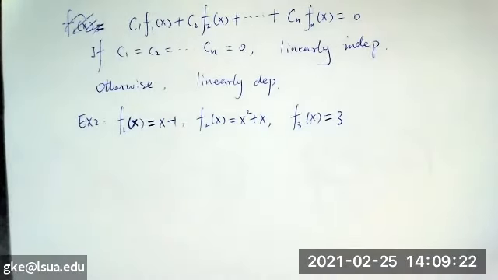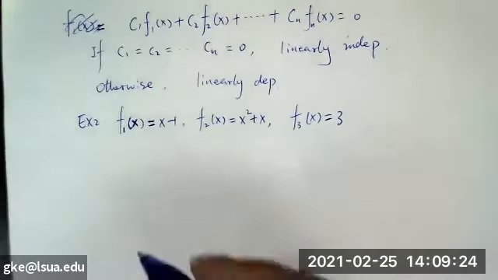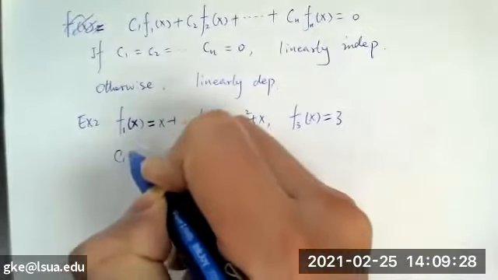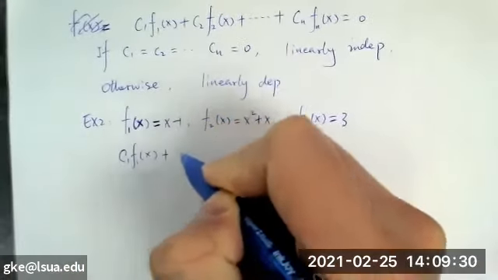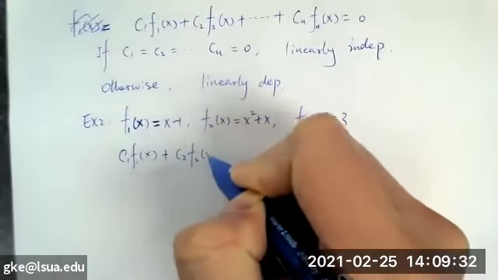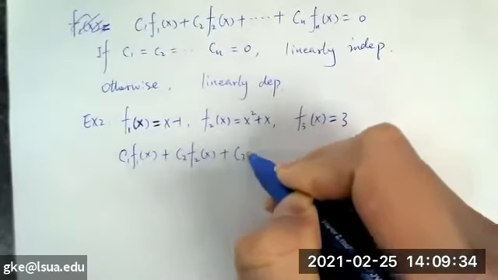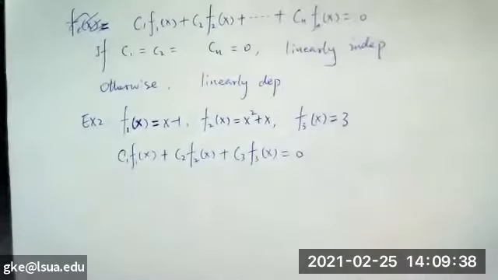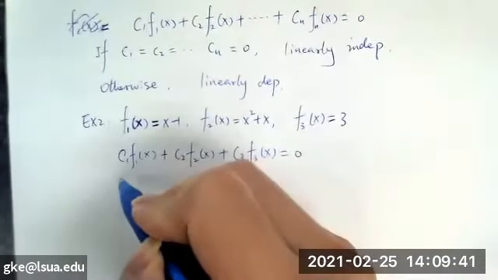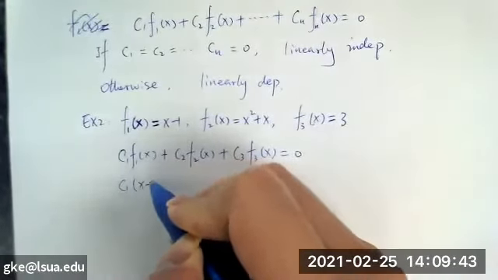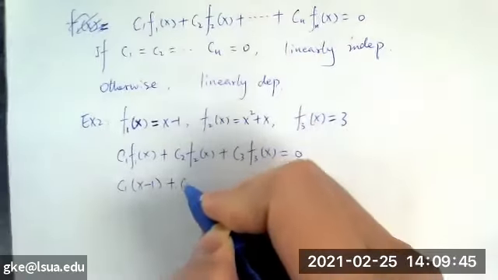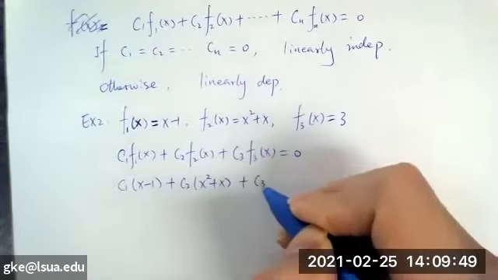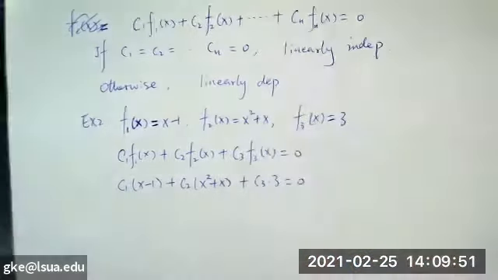So for this type of problem, the first step, you follow the formula and construct the linear combination: C1, C2, C3 equals 0. And then what are we gonna get? We plug in, C3 times 3 equals 0.